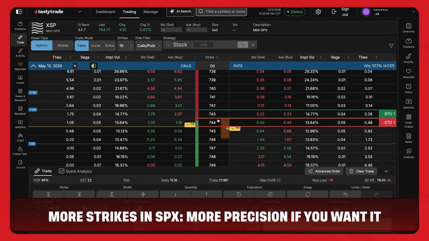So you have a bit more flexibility in choosing your SPX strikes. I can go to those 5-point strikes. That would be like trading the 743.5, 744 half put spread, if I did the 7430, 7435 put spread in SPX.